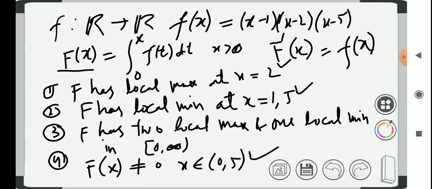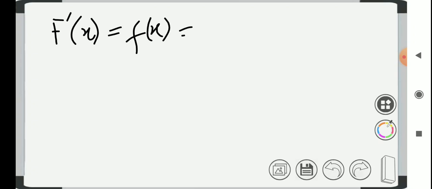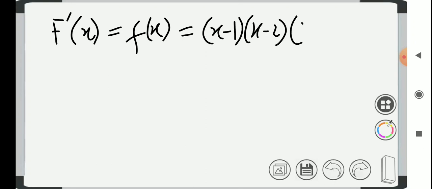So let us verify the first option first. F dash of x is simply f of x, which is actually x minus 1, x minus 2, x minus 5.